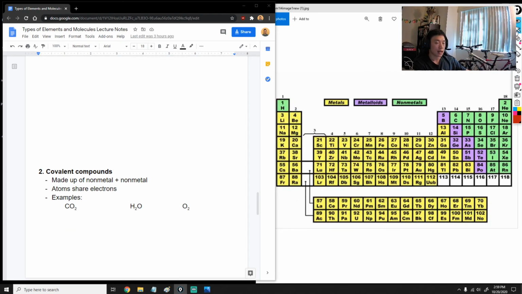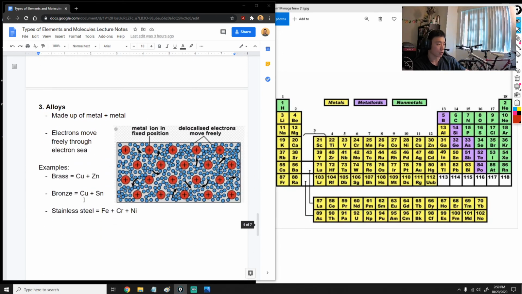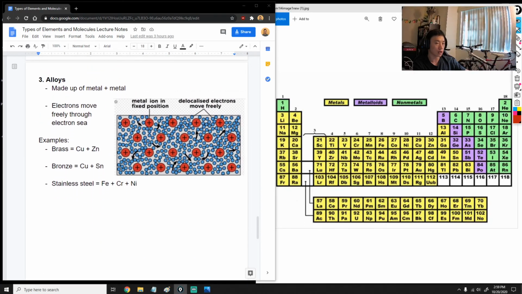Alrighty, and the last type of molecule or compound are called alloys, and alloys are made out of metals and metals. Earlier we talked about how ionic compounds give electrons, covalent compounds share electrons. Here the electrons basically move freely. Okay, so here we have a picture.